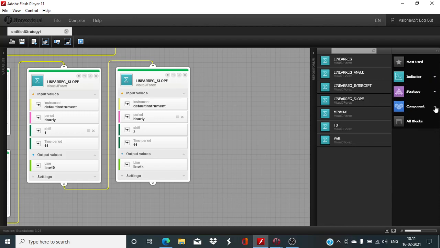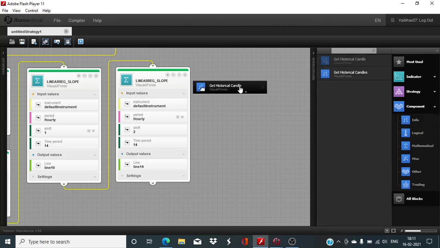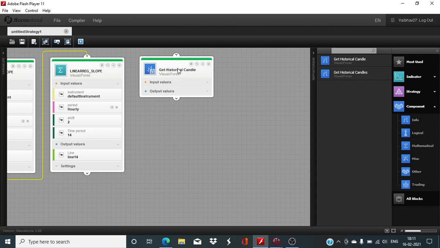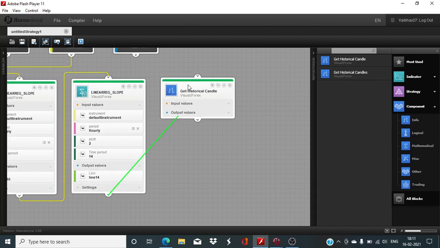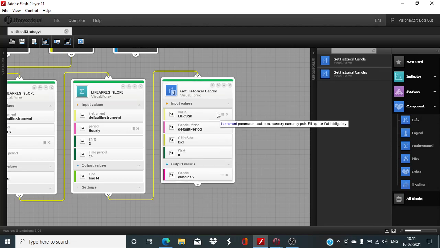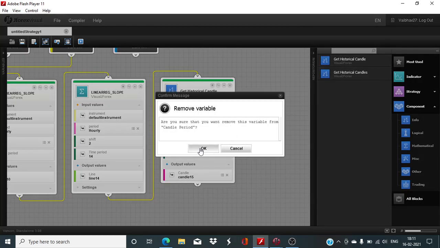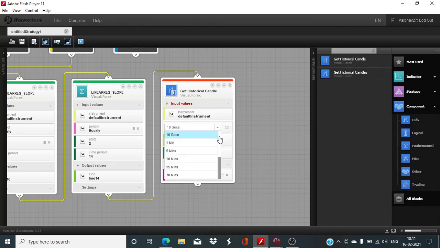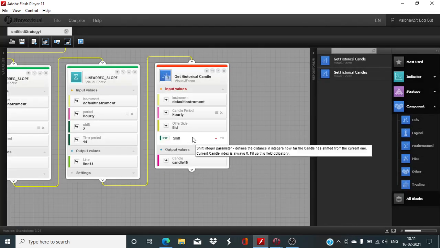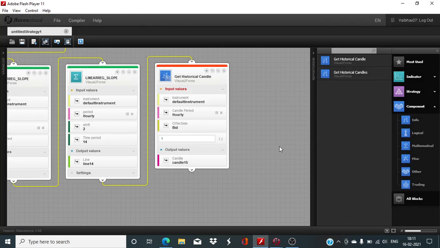Okay, now we have to take the components, get historical candle. This will also be of hourly time frame, so I will have to make changes here. Shift 1.